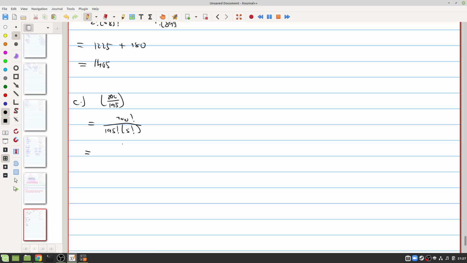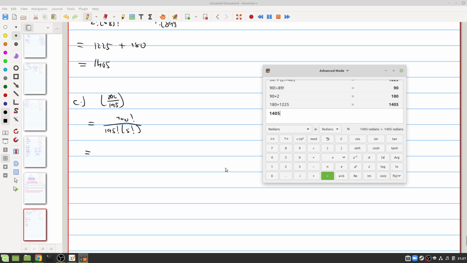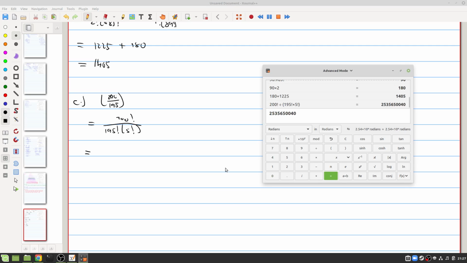This is going to be a little bit slower to do without a calculator, so let me use one. So I'm going to say 200 factorial divided by 195 factorial times 5 factorial. So it gives us that.